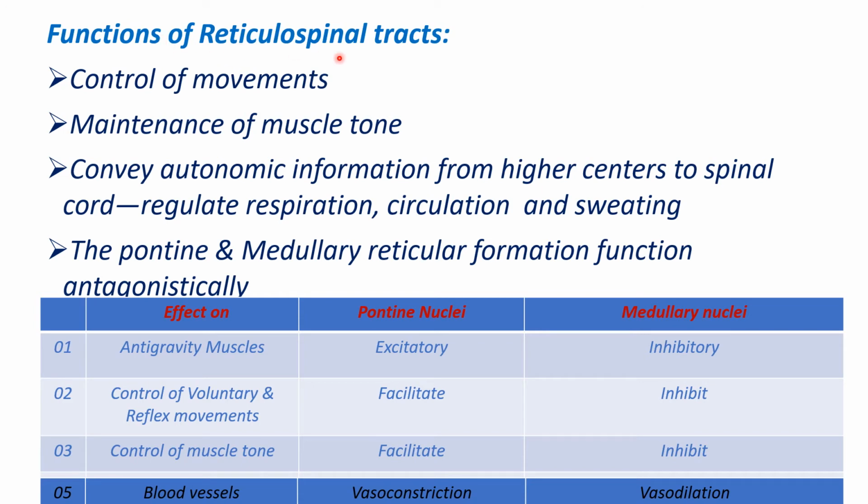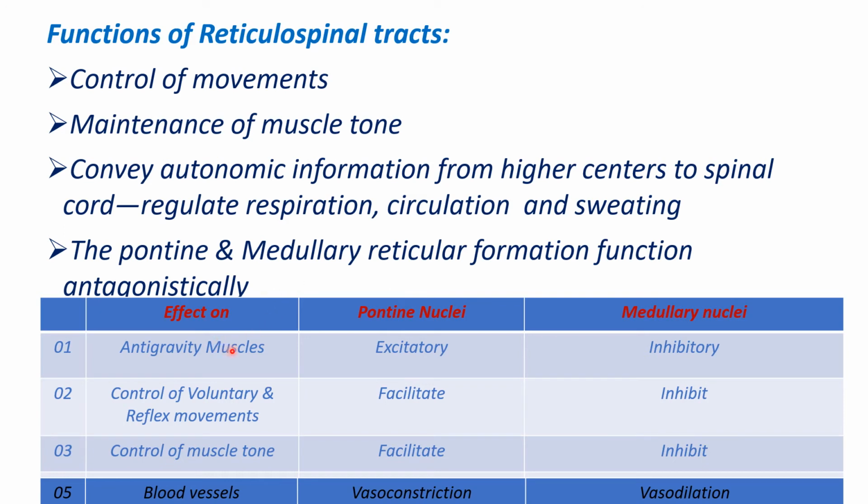Functions of the reticulospinal tracts: they cause control of movements and maintenance of muscle tone. A very important aspect of these two, the medullary and pontine reticular formation, is that they function antagonistically to each other.